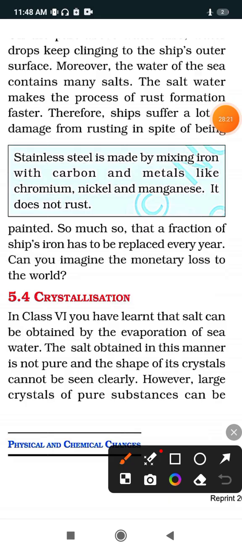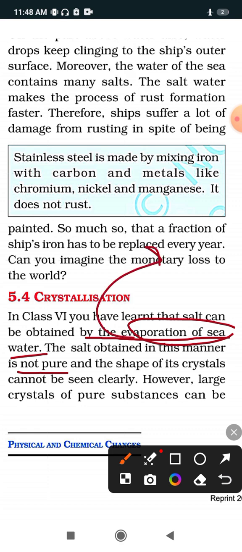In standard 6 we have learned that salt can be obtained by the evaporation of sea water. Clear? When we evaporate the sea water, salt will be obtained. The salt obtained in this manner is not pure, and the shape of the crystals cannot be seen clearly.